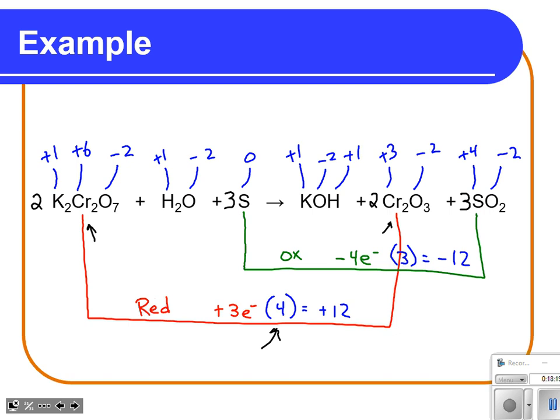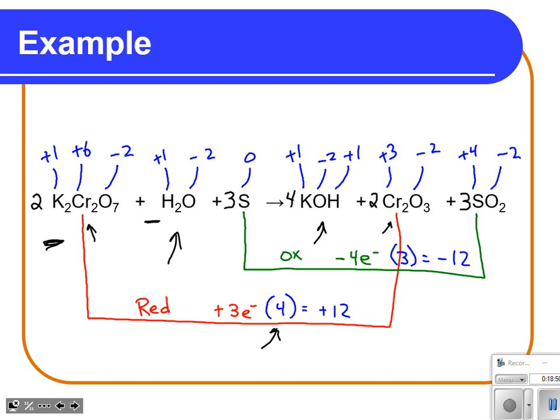So now what I'm going to do is use these to balance up the rest of the stuff that I have. So where am I going to start? I'm going to start with that potassium because I can see over on this side I have 4 potassium. So I'm going to put a 4 right in front of there so that I have 4 potassiums. Now, I've only got one other place where I can put a coefficient, right there in front of my water.